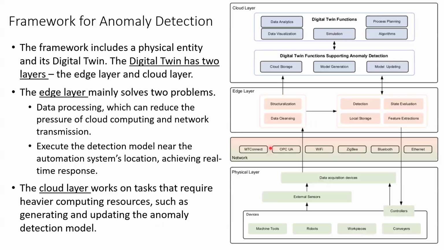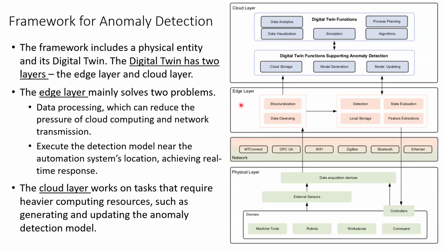So in this slide, we explore a framework for anomaly detection using digital twin technology. The framework includes a physical entity, like a machine or a system, and its digital twin. The digital twin is basically in two layers: the edge layer and the cloud layer. Let's see what we have in the edge layer.